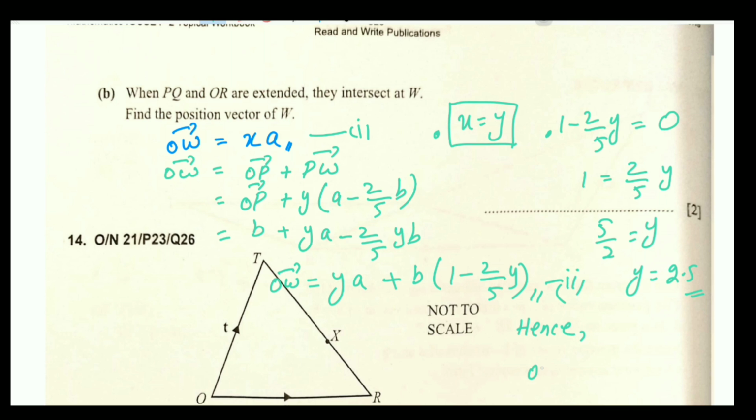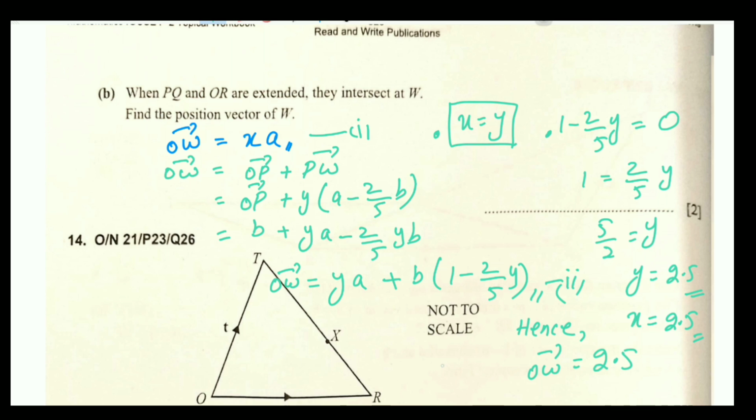So hence, OW is equal to 2.5 of A. According to equation number 1, sorry, this is X actually, because X is equal to Y, so the X value is also the same, X is equal to 2.5.